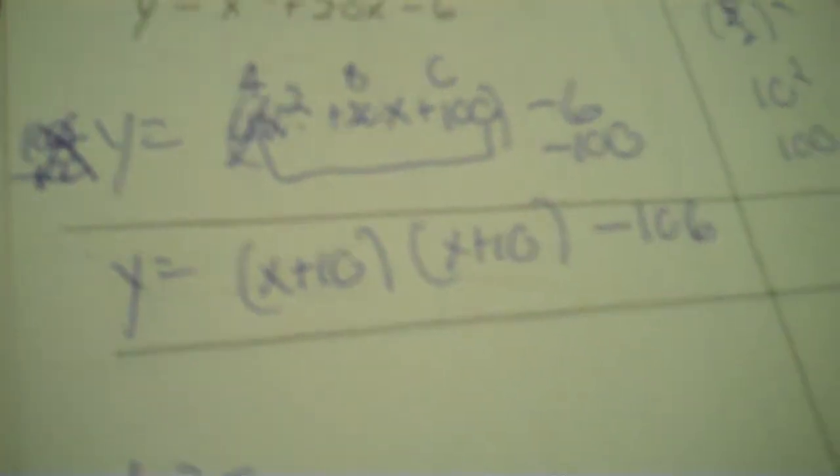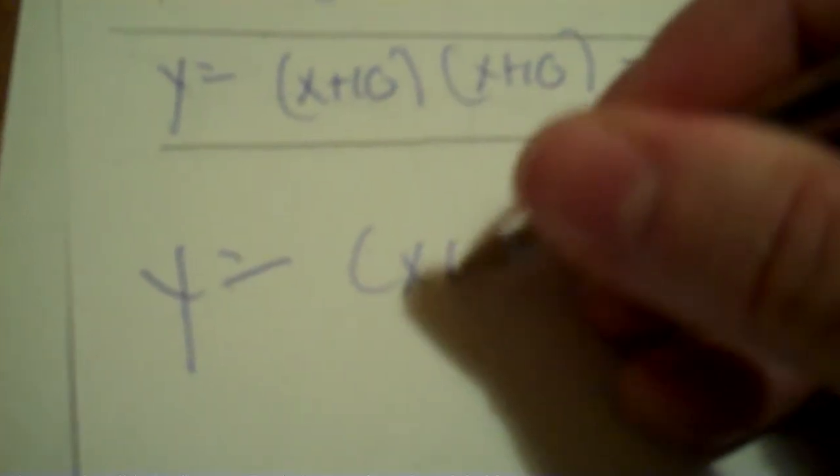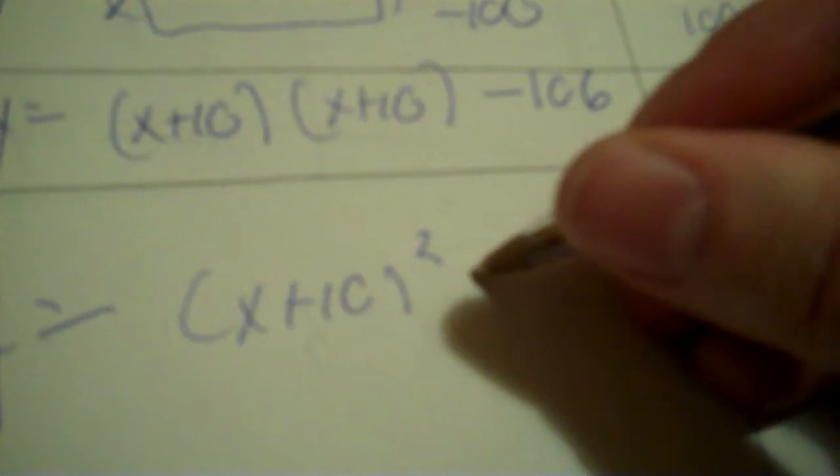So it's going to be minus 106 now. You just take -6 minus 100. That top is a negative. Okay. X plus 10 times x plus 10, which then takes me to x plus 10 quantity squared minus 106. Okay, next problem.